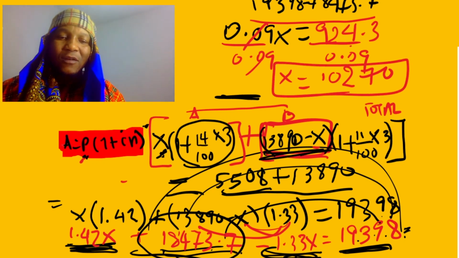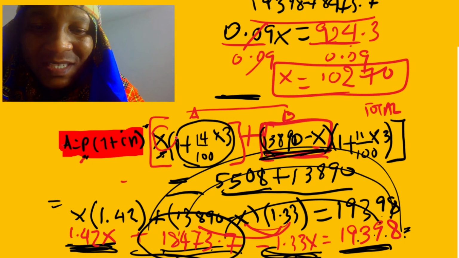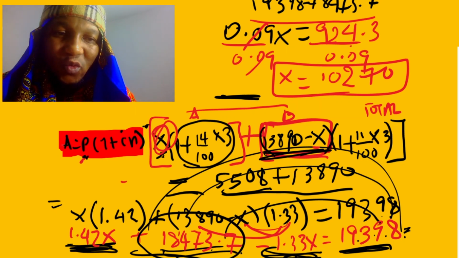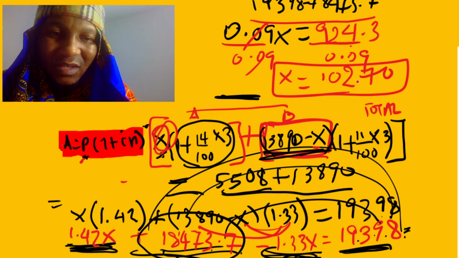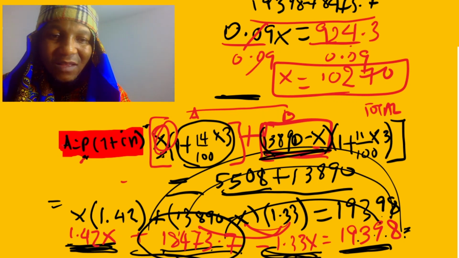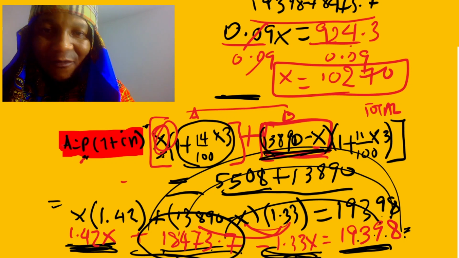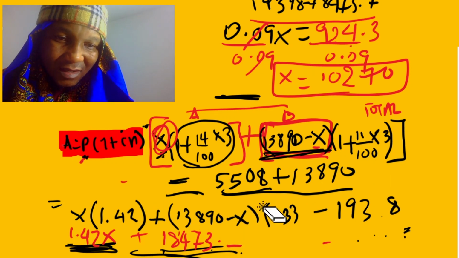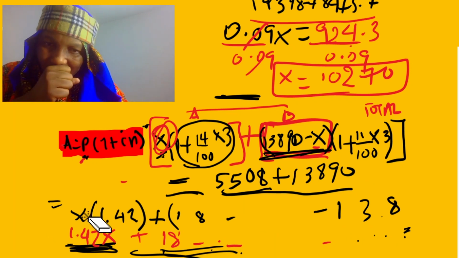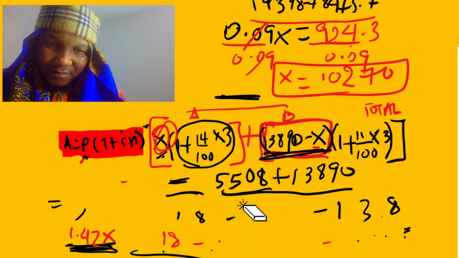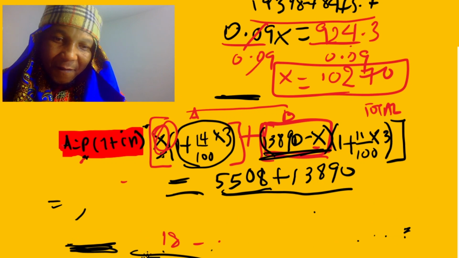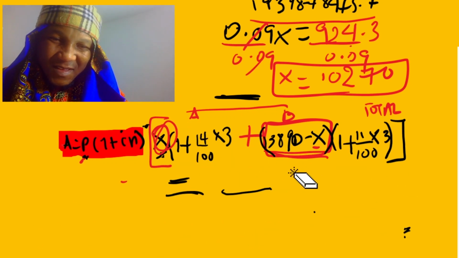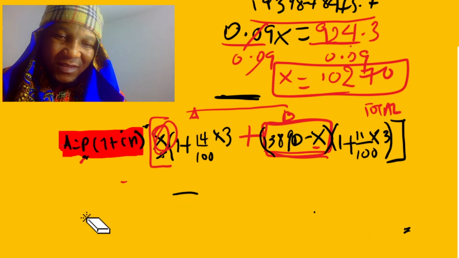But look, this is the amount which was invested in A. We got the value of x, so I don't need this other stuff. I can just erase this. Excuse me, my apologies. Okay, just want to make a space here so you can understand.